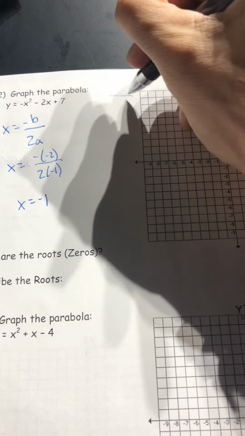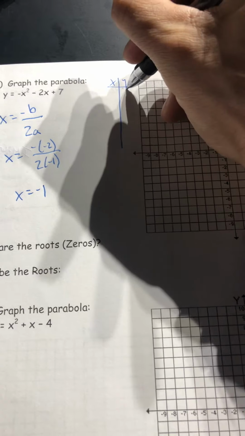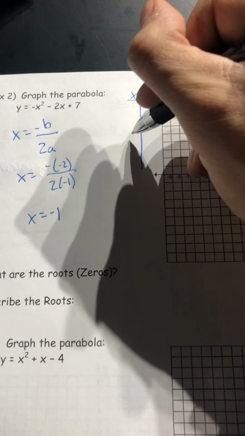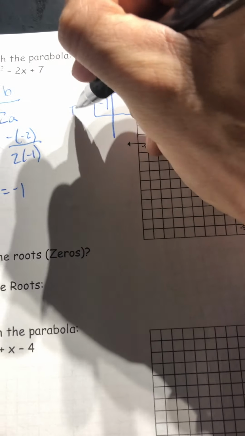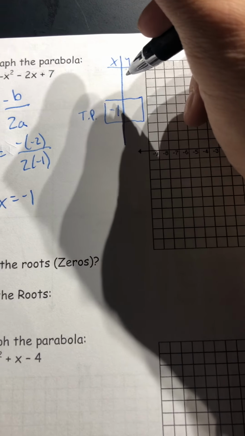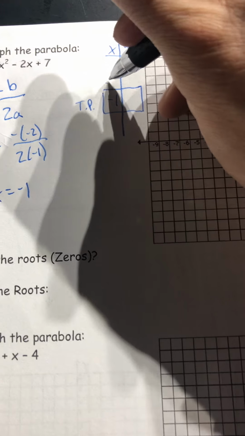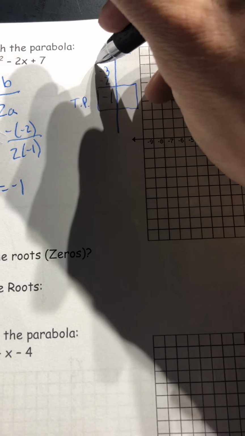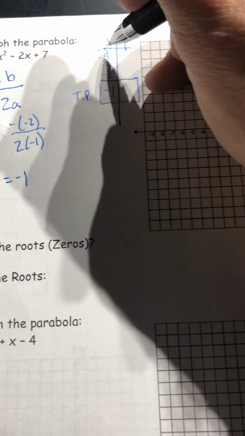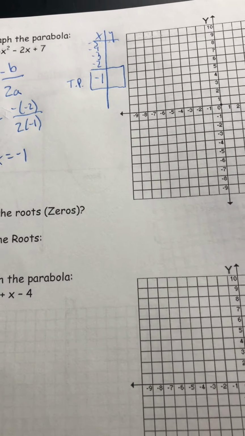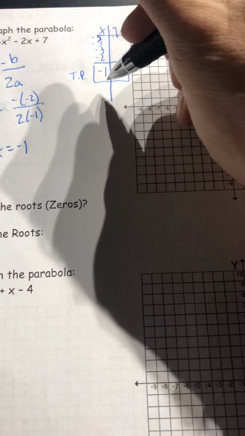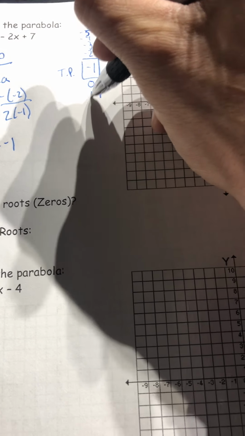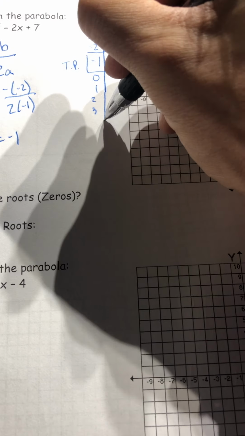For this one, we'll have x and y. So I'll have negative 1 here as part of my turning point. I'm going to take the 4 values that are less than: negative 2, negative 3, negative 4, negative 5. All of these will fit on the graph for this one. Then we have 0, 1, 2, and 3.